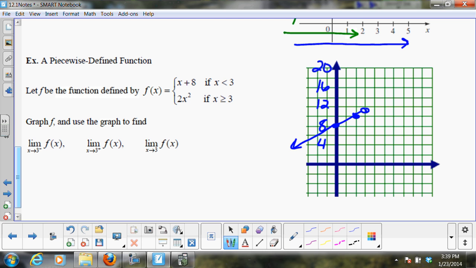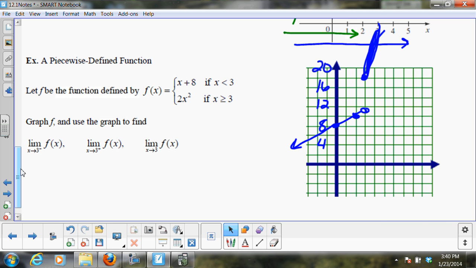Then 2x squared, so at 3 it's 18. At 4, it's way up there. Okay, that's our graph.